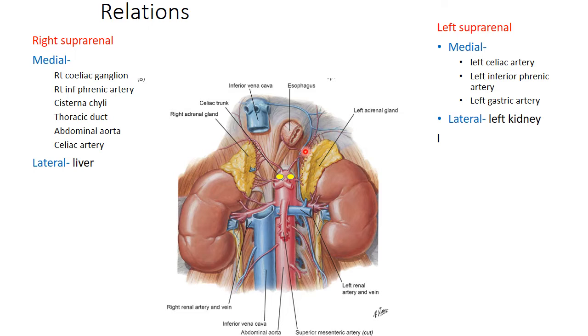So along this border, this artery which is running over here is the left inferior phrenic artery. Then there is a branch from the celiac trunk which goes upwards and then runs along the lesser curvature of the stomach. Left gastric artery will also come in medial relation of the left suprarenal gland.